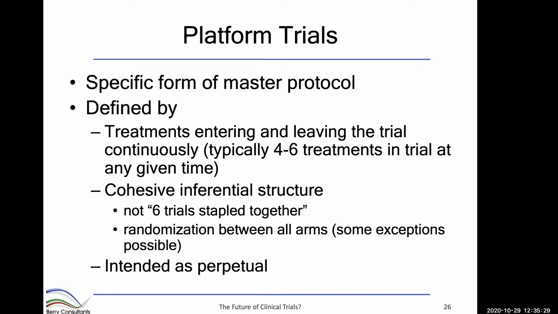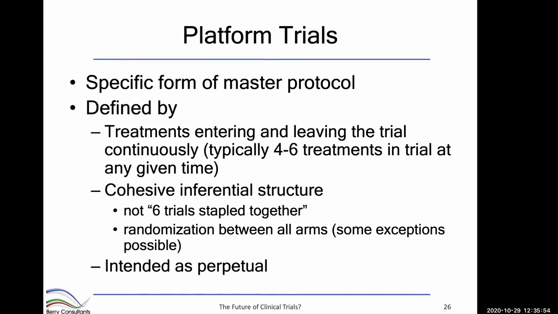But in those settings, if you get into trial A, you get a randomization. You might be in trial B, you might be in trial C, and so forth. This is a situation where when you're randomized, you might get control, you might get A, you might get B, you might get C, and the randomization structure incorporates all of that.